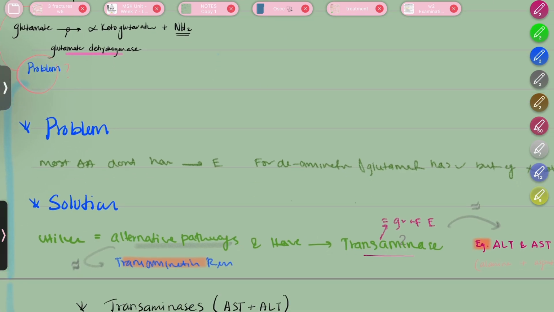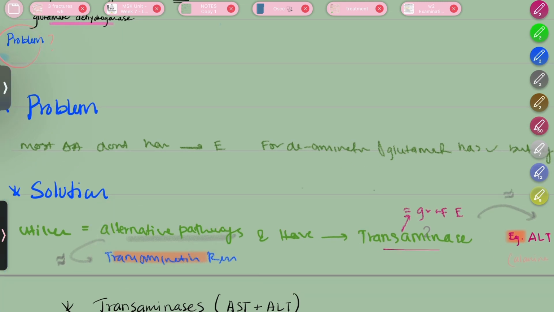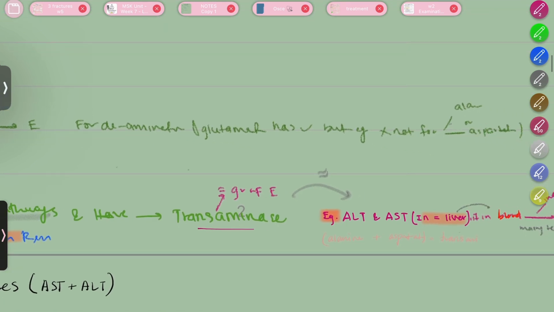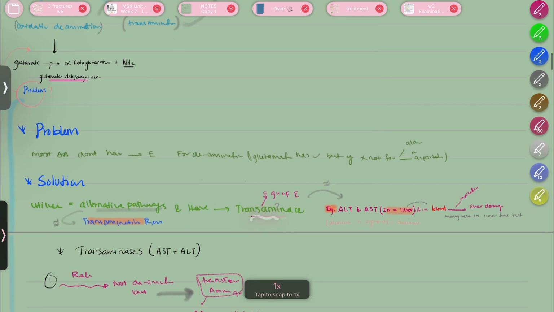Therefore, we go through an alternative pathway called the transamination reaction, which utilizes a group of enzymes called transaminases. Since we're dealing with alanine and aspartate, we have the alanine and aspartate transaminase enzymes.